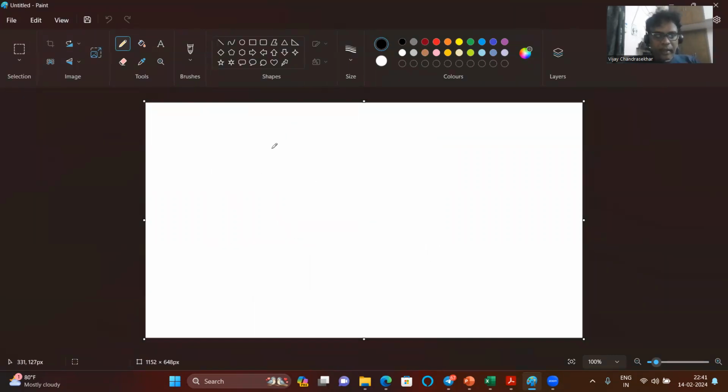So let's say I'm going to keep it simple. Now let us say I have a curve, something like this. It's not technically a curve, but let's say this is a curve. All right.